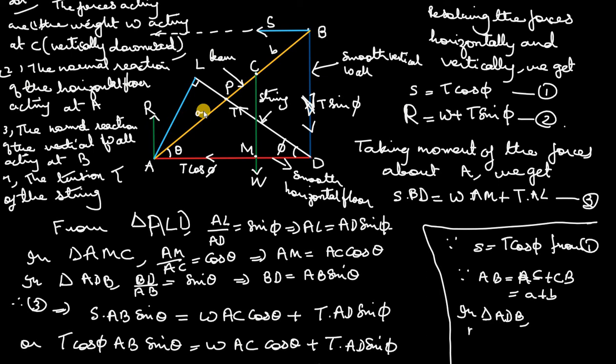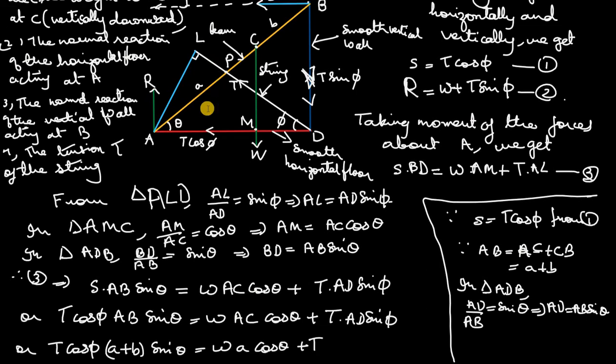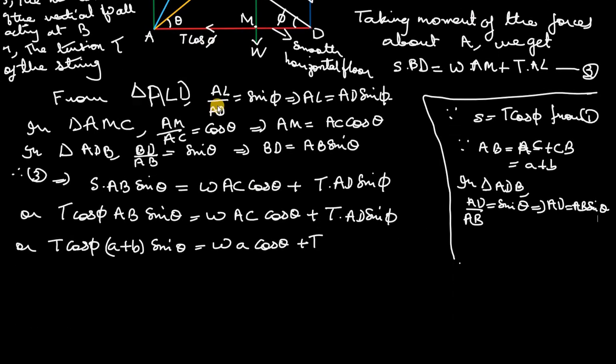So we have AD by AB equal to sine theta, which implies that AD will be equal to AB sine theta. Now, what is the length of the beam? It is A plus B. So this implies that AD here is equal to A plus B into sine theta.